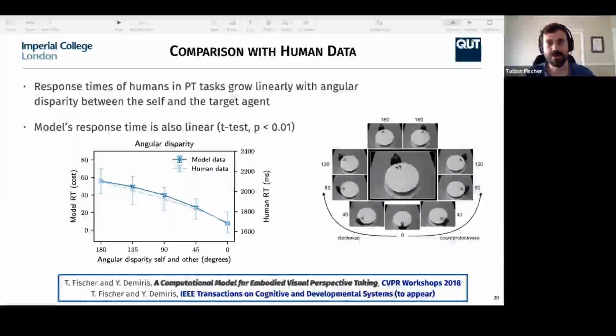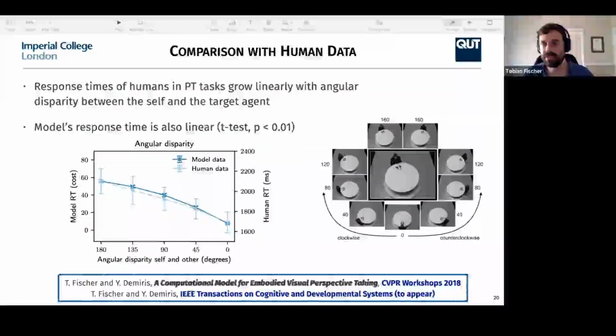If you run this model, you can then compare it with human data. In the very simple setup, you don't vary the posture of the robot who's taking the perspective of the other robot. And then you can see how many times I have to go in that loop.